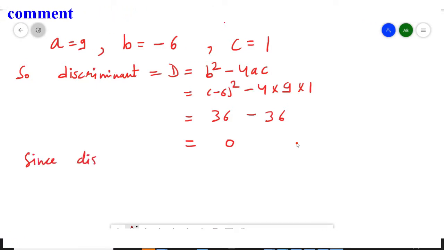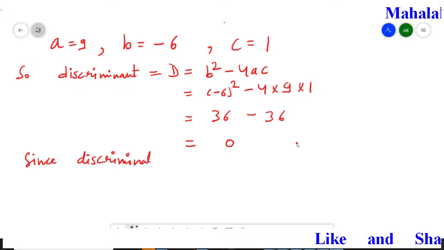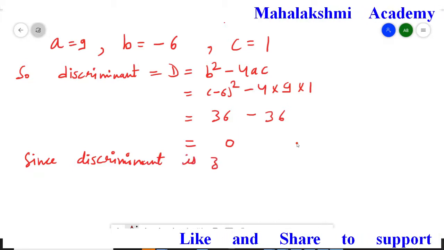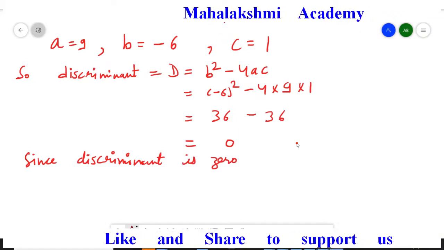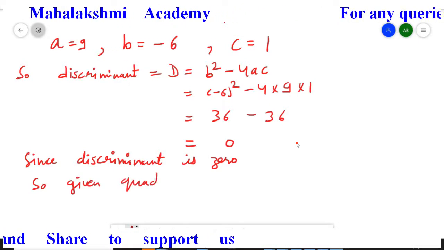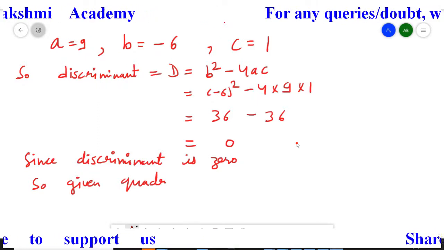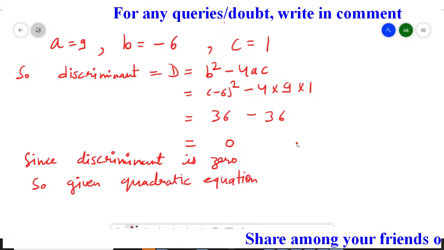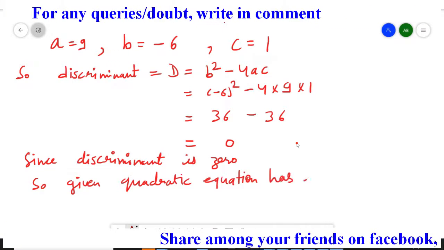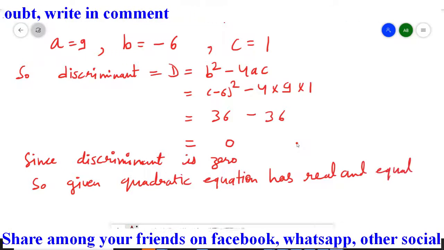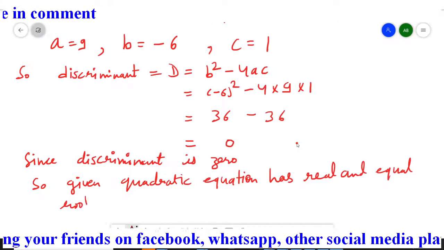Since discriminant is 0, so given quadratic equation has real and equal roots.